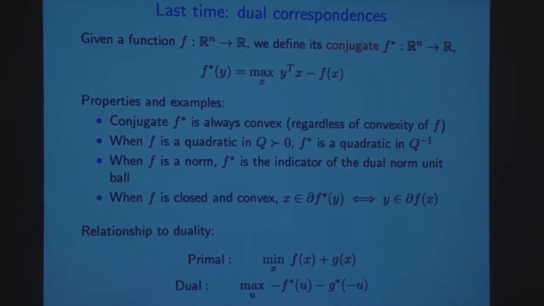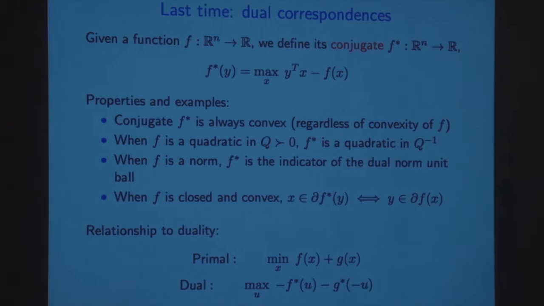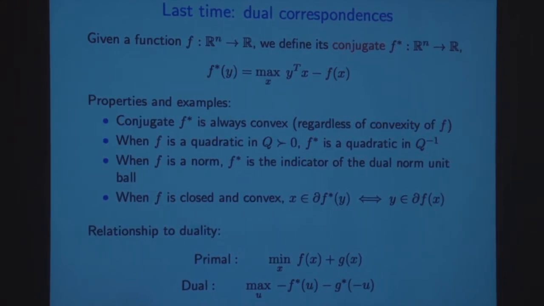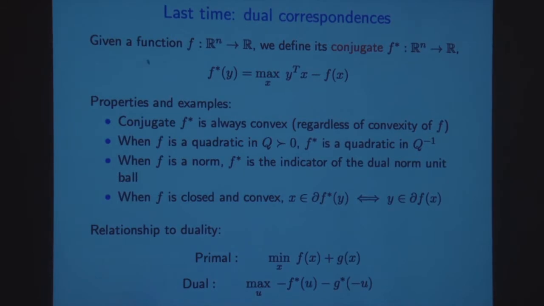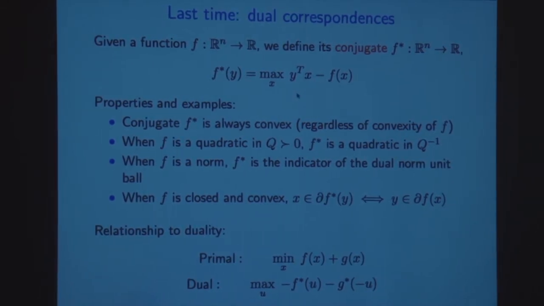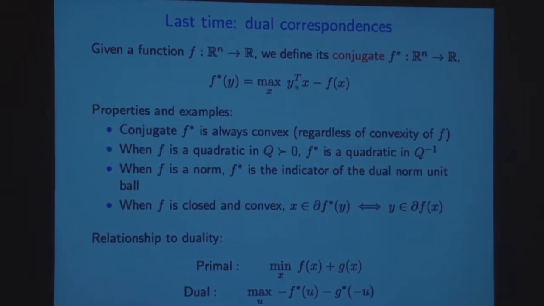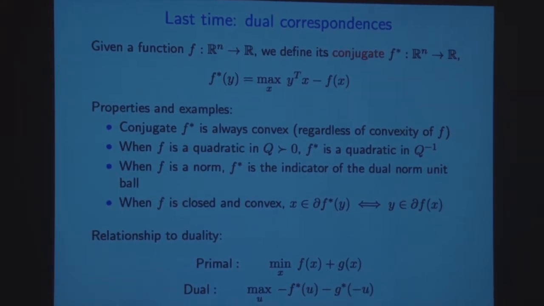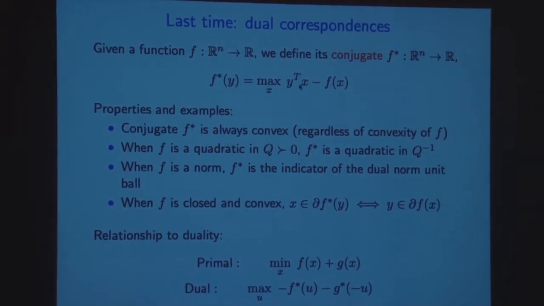we defined the conjugate of any function, right? You give me some function f, I can define its conjugate f star at a point y to be the maximum over all x of a linear function, y transpose x minus f of x. It's a maximum discrepancy between the linear function of x and f of x itself when that linear contrast is formed using y.